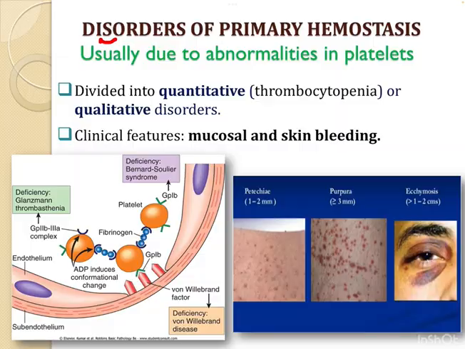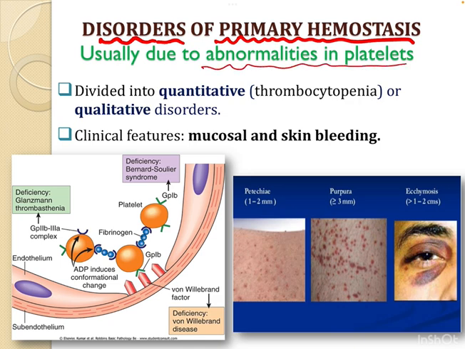Disorders related to primary hemostasis are usually abnormalities in the platelets, which can be either a quantitative defect, for example thrombocytopenia, meaning a decrease in platelet count, or qualitative disorders, like deficiency of von Willebrand factor in von Willebrand disease.